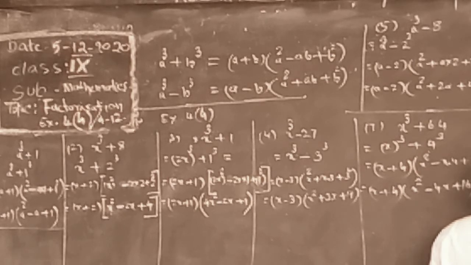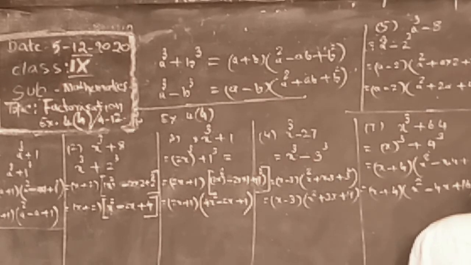Tenth. Now this is (2a) whole cube plus (3b) whole cube. (2a plus 3b) into ((2a) whole square minus 2a into 3b plus (3b) square).